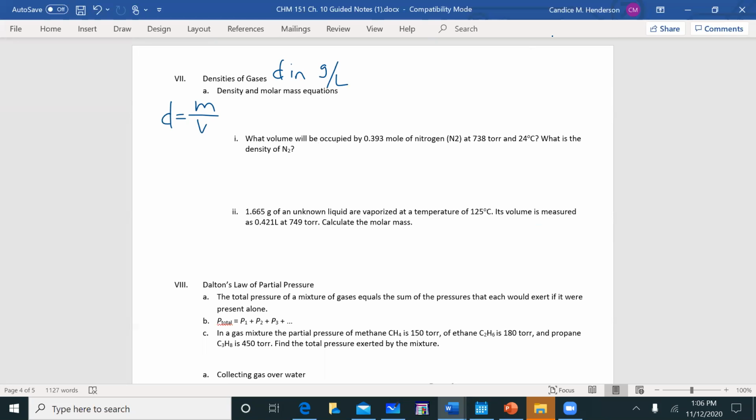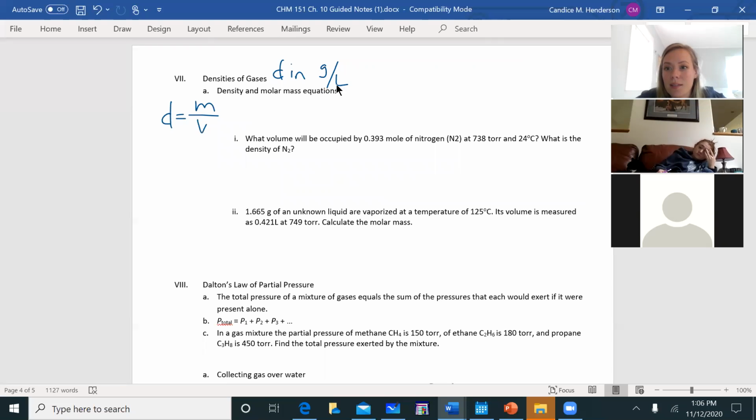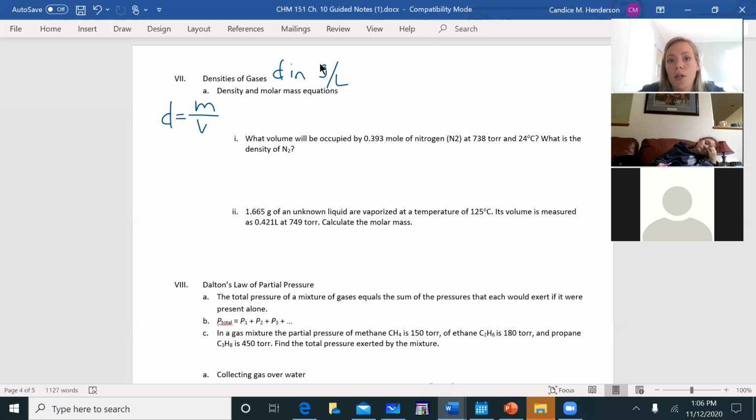Okay, you're kind of more used to density being in grams per milliliter, but because gases have such a low density, because they have very, very little mass in whatever volume they're in, we're going to stretch out that volume to a liter.